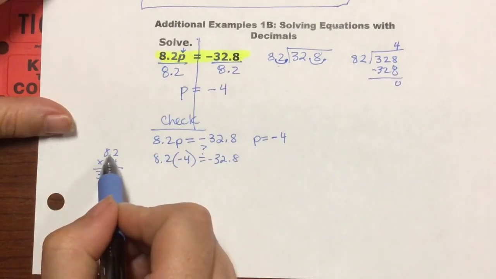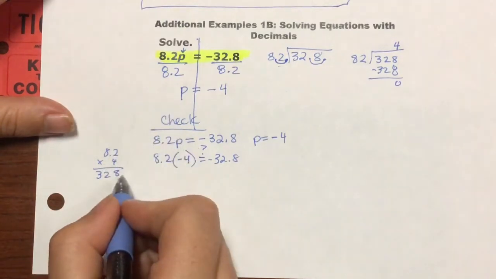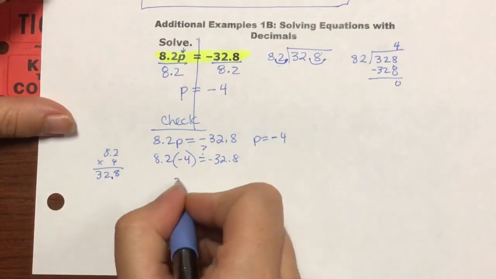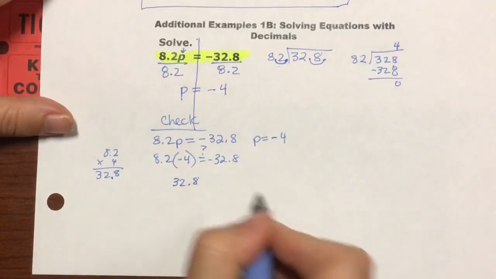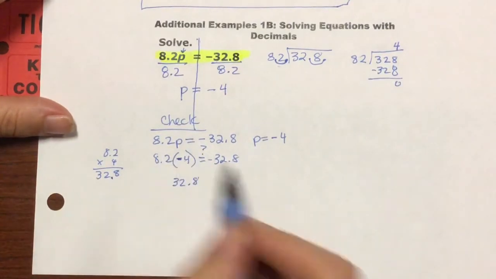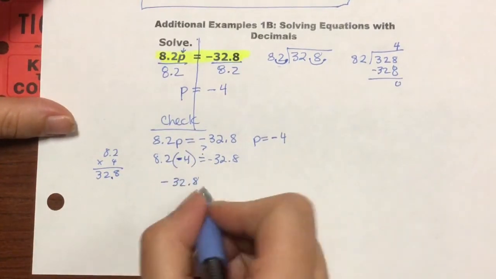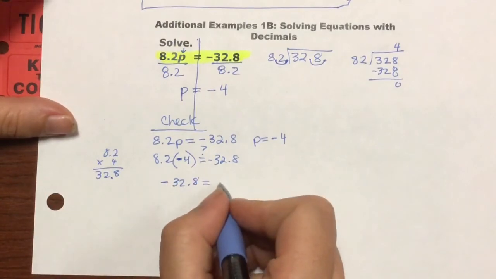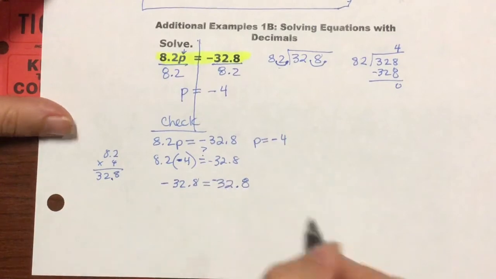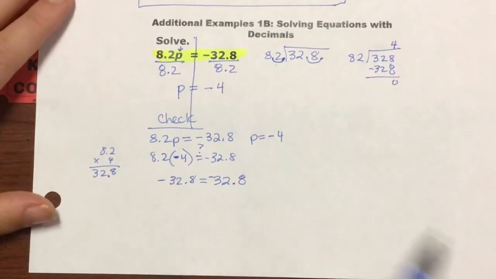And there's a decimal to the right, one place. So that means I'm just going to move this over 1 right there. And I have 32.8, and remember there's a negative here, and a negative times a positive is going to be a negative. So my answer is negative 32.8, which is the same thing as this, negative 32.8.